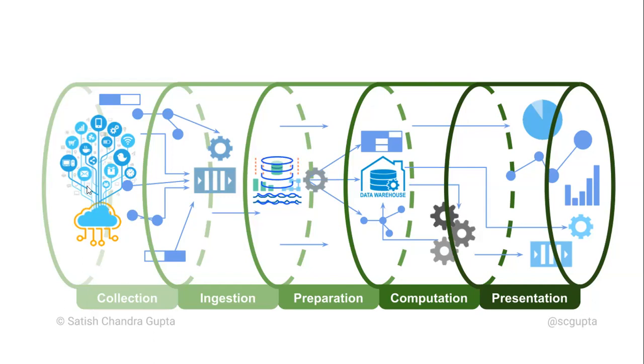After the collection of data, we need to ingest that data into our system. When we ingest that data, it is called the staging layer, in which we keep the data as we received it from the sources. We are not making any changes to it.